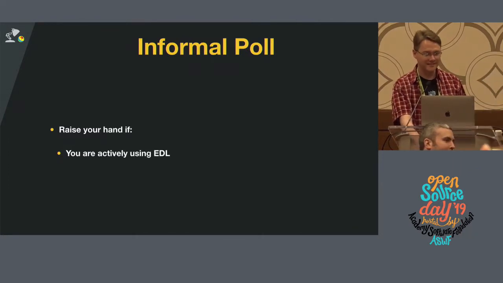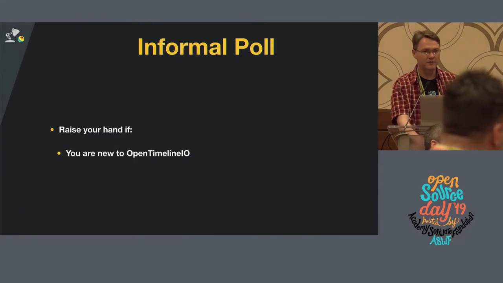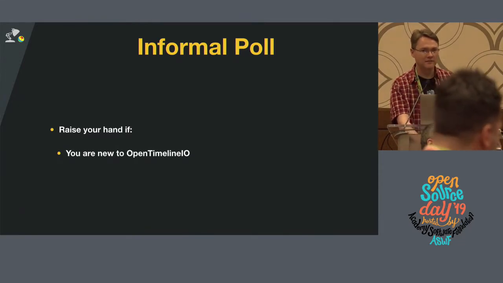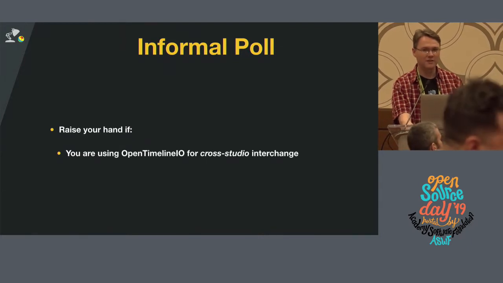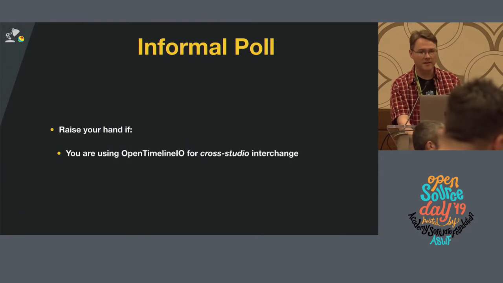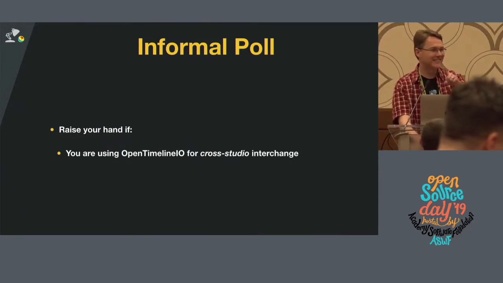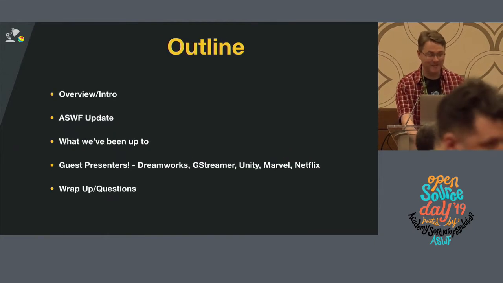Final Cut XML, either flavor. And if you are brand new to OTIO, you don't really know that much about it. And then, are you using OTIO for exchange between one company and another company? Okay, we got one. Thank you so much.